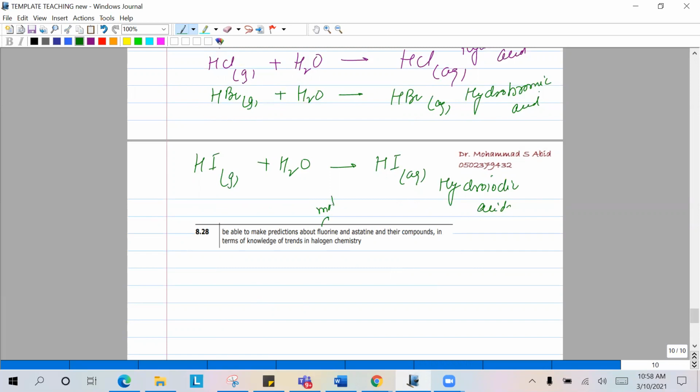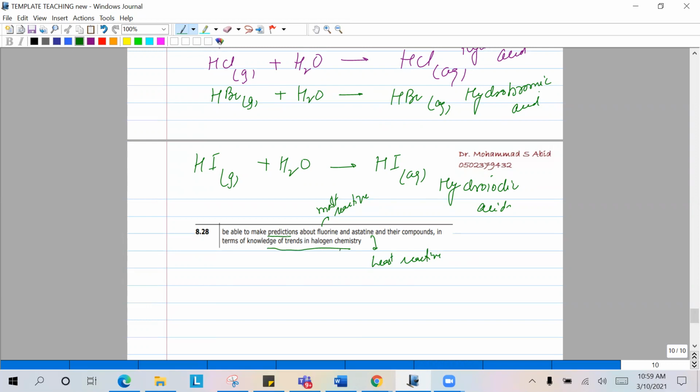Fluorine is most reactive, so all the reactions that take place with fluorine will be faster because of its reactivity. It is a gas, its color is light, while astatine is the lowest in the group, so it will be the least reactive. The color is dark, it is solid, but in terms of the formula and the reactions, it will be the same. So they're just talking about the knowledge of the trend in halogen chemistry to make predictions.